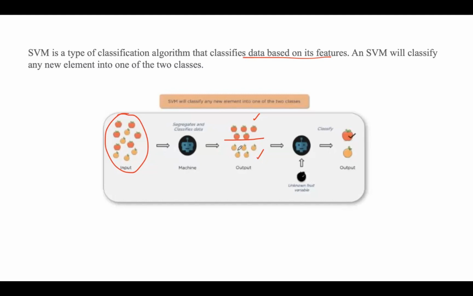Once you give it some inputs, the algorithm segregates and classifies the data and creates the outputs. After training, if you give it some unknown fruit, the algorithm should classify whether the given fruit is an apple or an orange.